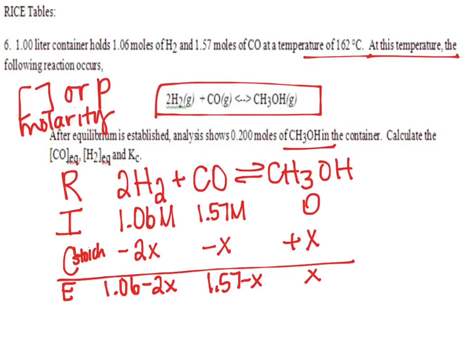So let's go back to our problem. It says that after equilibrium is established, analysis shows 0.20 moles of CH3OH in the container. So I know when we reach equilibrium that we have 0.2 moles per liter of CH3OH. That means x equals 0.2 molar.